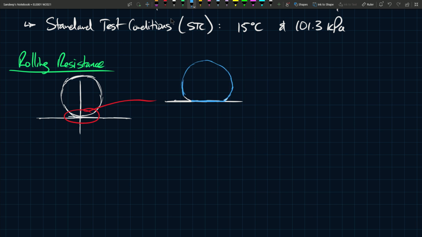Now the fact that this part at the bottom is flat creates a distribution, I guess you can say, of forces like this. So there is now a force that acts opposite to the force of gravity, and that produces friction as this vehicle moves. The problem is, as this vehicle moves, this distribution also starts to change.